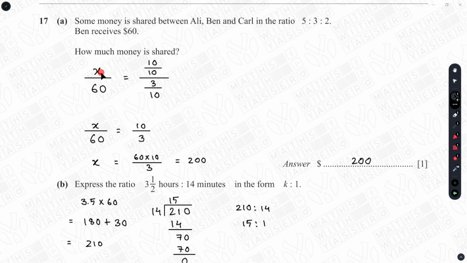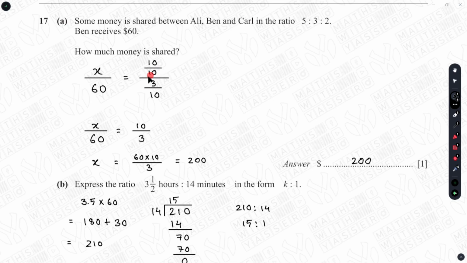So the total amount, the fraction for that will be 10 over 10, because that is the whole amount, and 60 is the amount which Ben receives. So the fraction for Ben should be 3/10 because Ben has a ratio of 3 and the total ratio is 10. So Ben's amount represents 3/10 and the total amount represents 10/10. Now we can simplify it further.